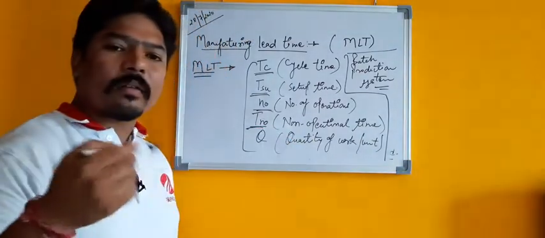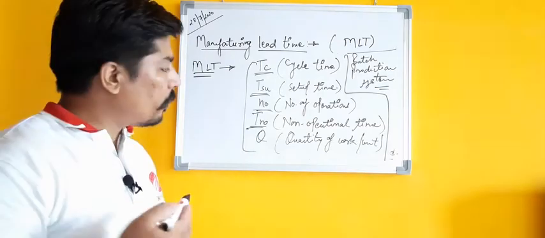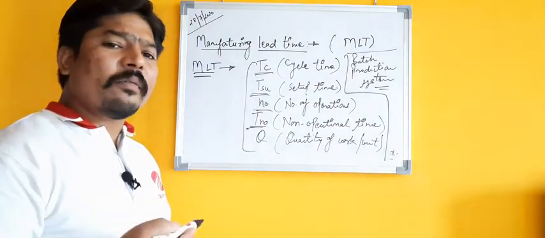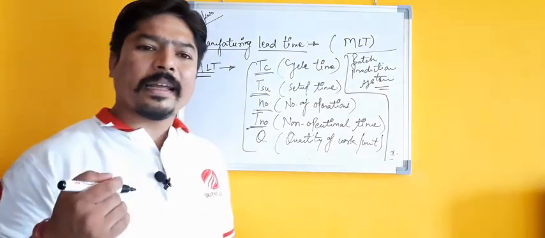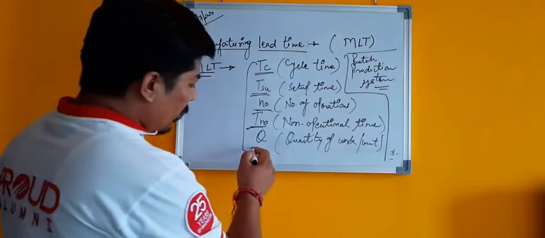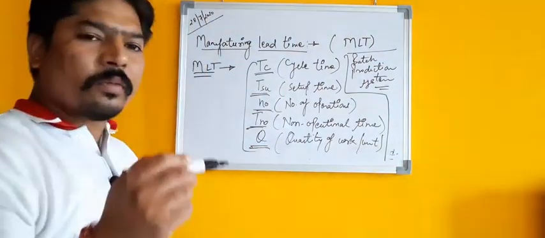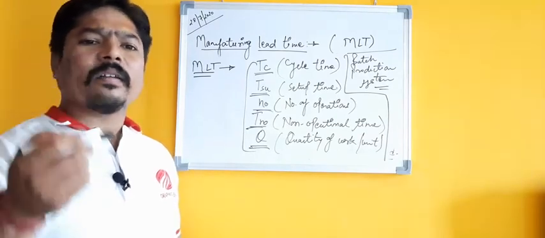TNO will be the non-operational time, the time associated with material handling, tool dispatching, tool handling, and the distribution of components from one shop floor to another. And another one is capital Q, which is already discussed, the quantity of work in that particular cycle or per unit.